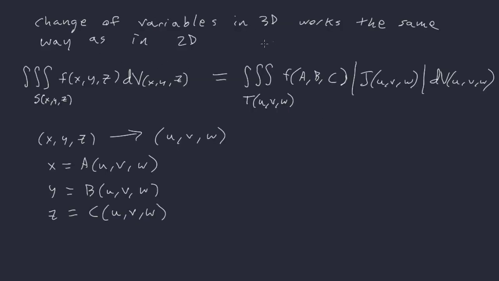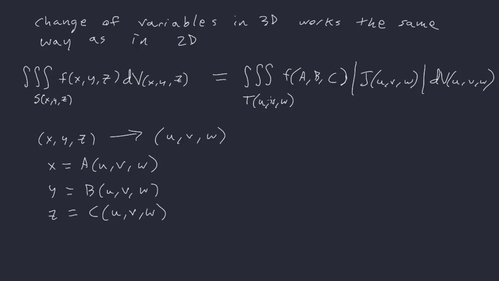Okay, so as I was saying, change of variables in 3D works the same way as it does in 2 dimensions, using essentially the same concepts. This triple integral over S, if S is a surface in the XYZ coordinate axes, we can transfer it to some other surface, or solid, T of UVW.